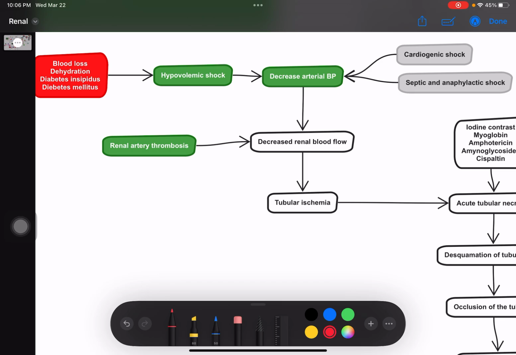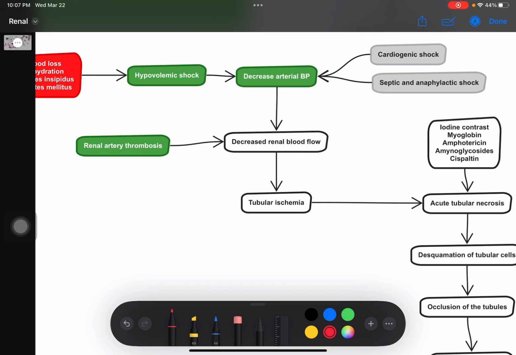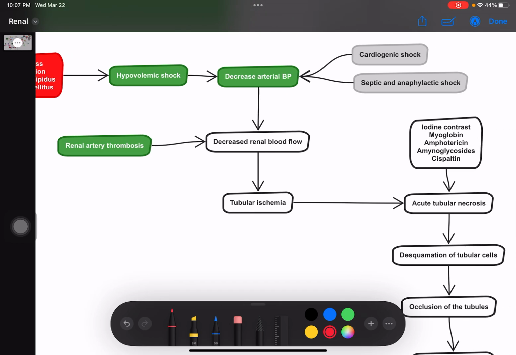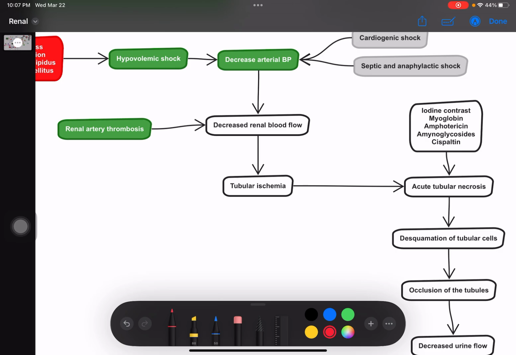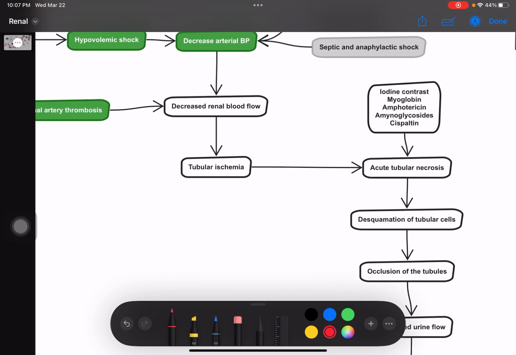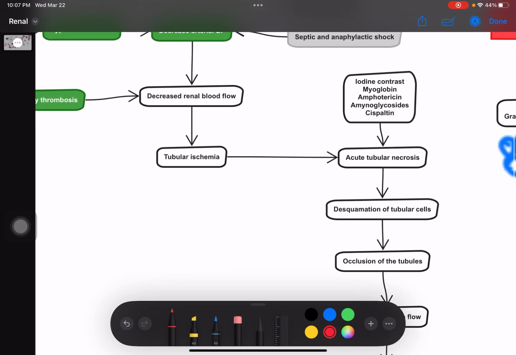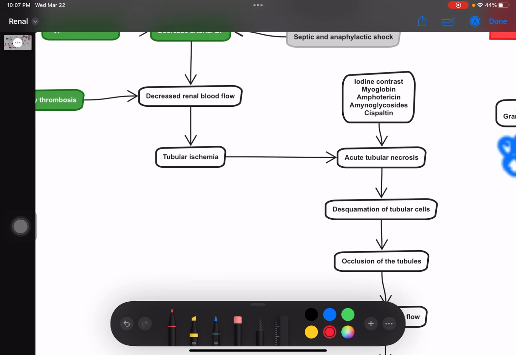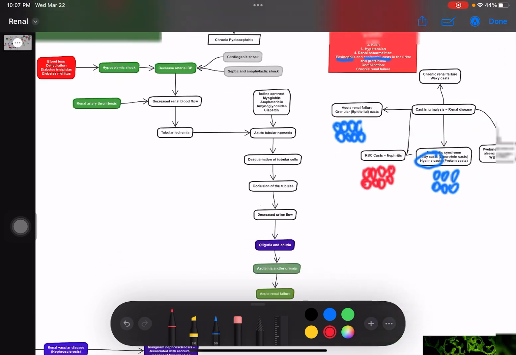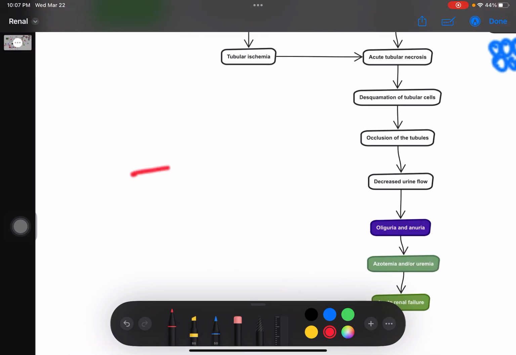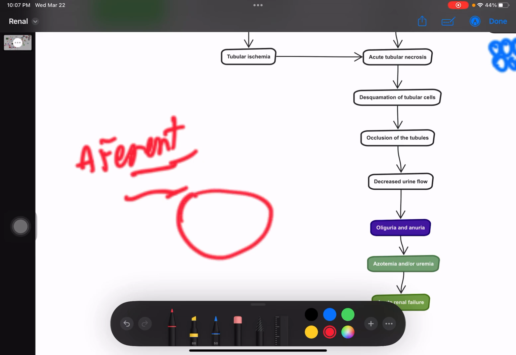There can also be renal artery thrombosis, or it can be stenosis as well, which will consequently decrease renal blood flow. This will cause tubular ischemia, and the mechanism for this is, like you see, there's an afferent artery, and there's like a kidney, and there's efferent artery, right?